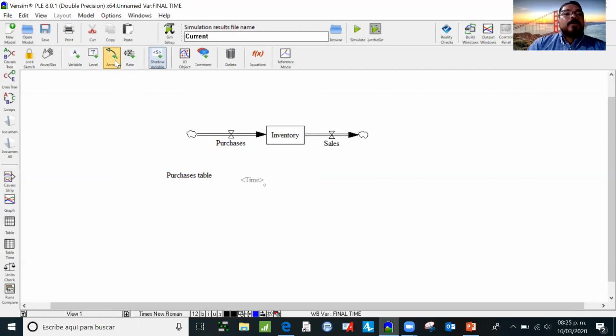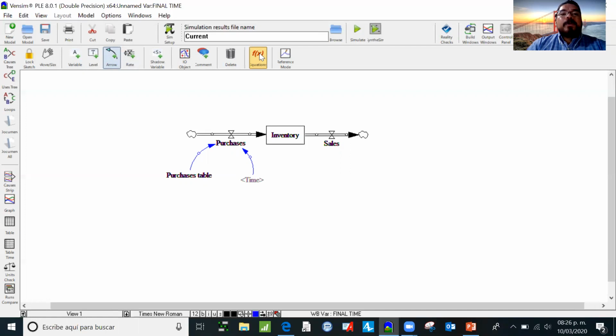Okay, and I'm going to relate these two variables to our flow, which is the purchases. Okay, very good.